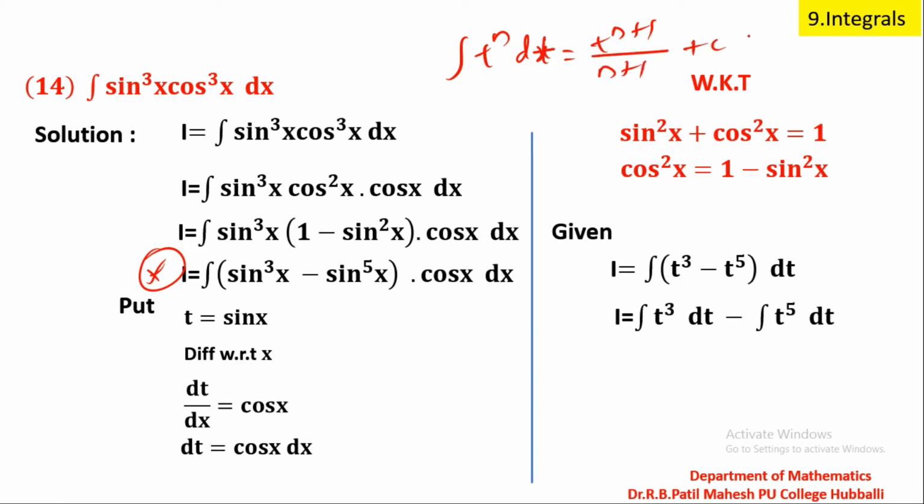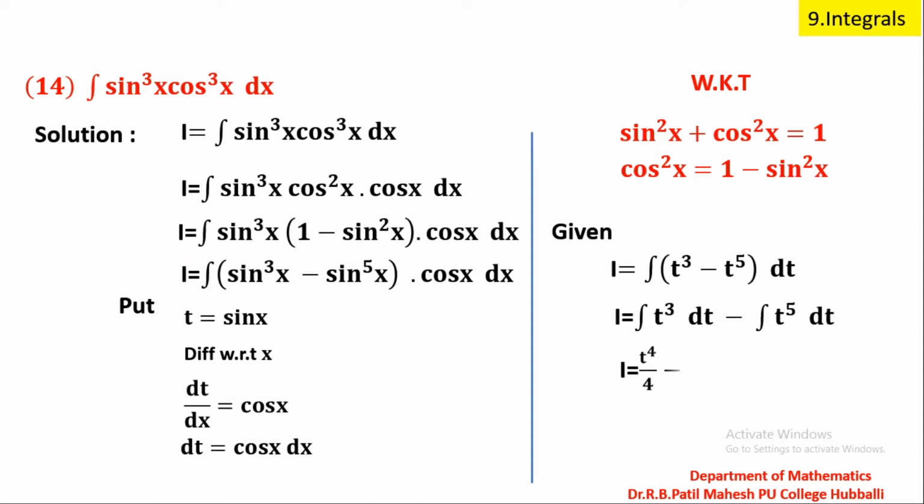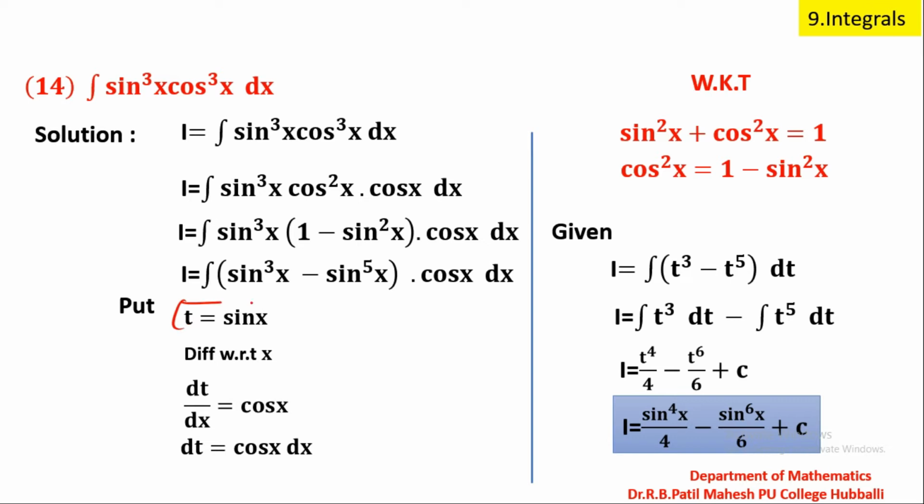So using this formula, integration of t cube is t raised to 4 divided by 4, and integration of t raised to 5 is t raised to 6 upon 6 plus c, and then replace t. The t I have taken as sin x, so in this t I am going to write sin x. Therefore, sin to the power 4x upon 4 minus sin to the power 6x upon 6 plus c.